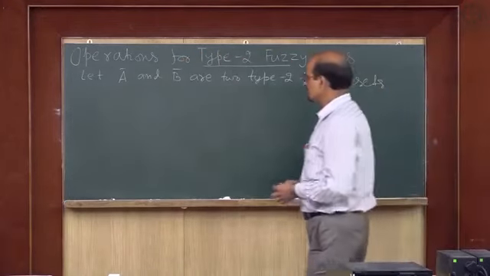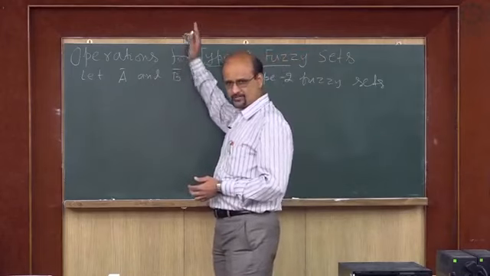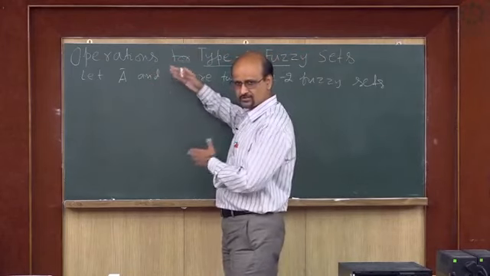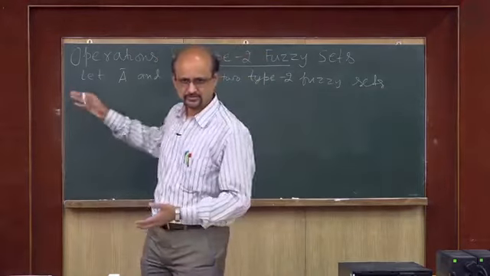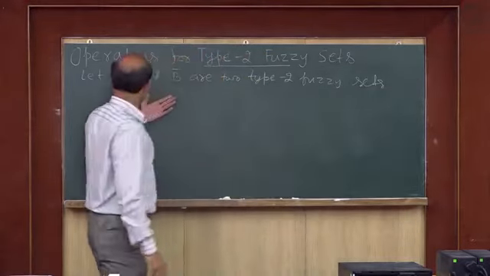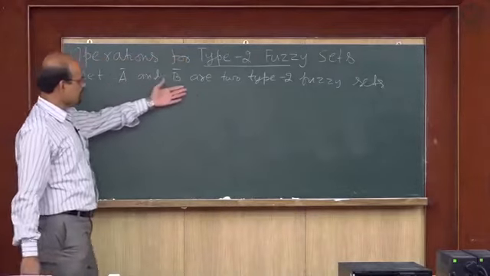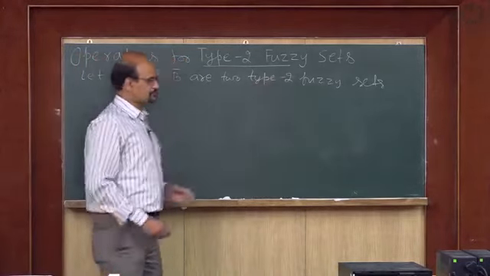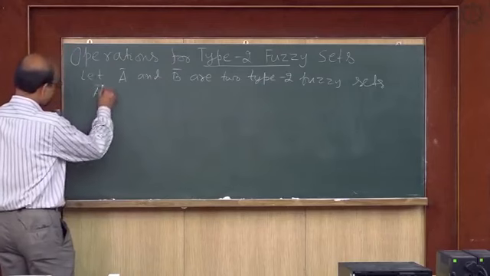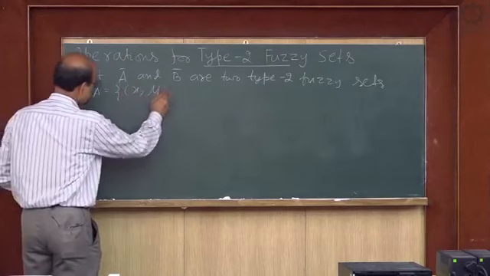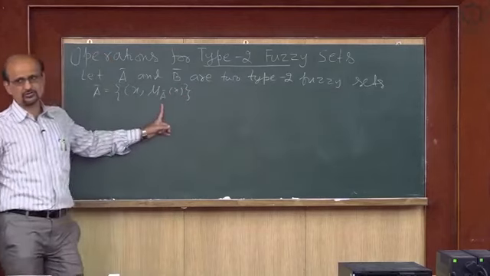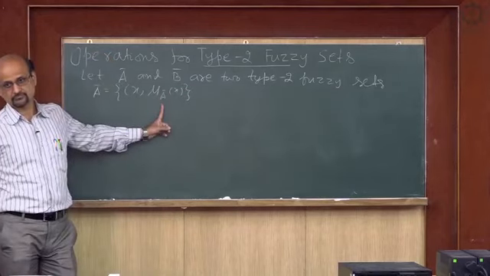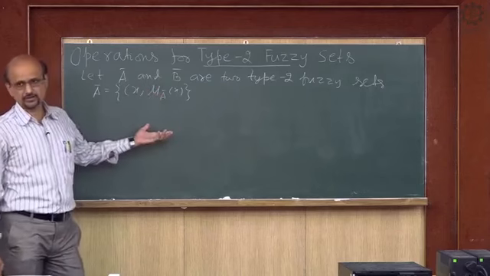Then we will try to define A bar union B bar and A bar intersection B bar. As I told, it will not follow the same rule as type 1, because its membership function is now a fuzzy set. So, if A bar and B bar are two type 2 fuzzy sets, I can write A bar as x, mu A bar x, but remember this mu A bar x is now not a constant, because we have assumed that A bar is a type 2 fuzzy set.